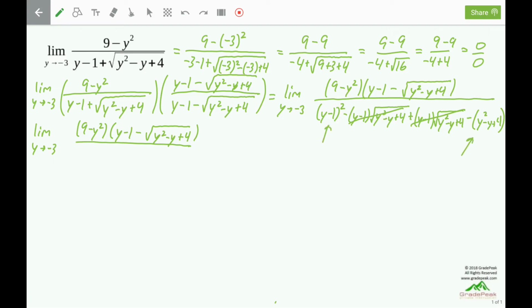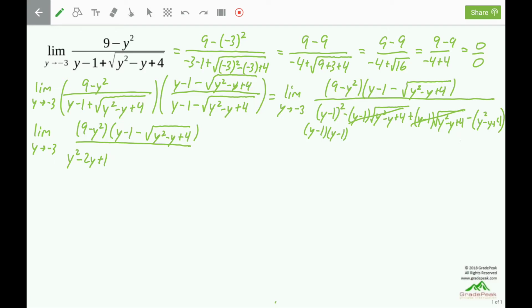Now we will need to combine these together, so my next step is I'm going to FOIL out y minus 1 times a y minus 1. That will become y squared minus 2y plus 1. If you need to, you can write y minus 1 times y minus 1 here to help out with the FOILing.